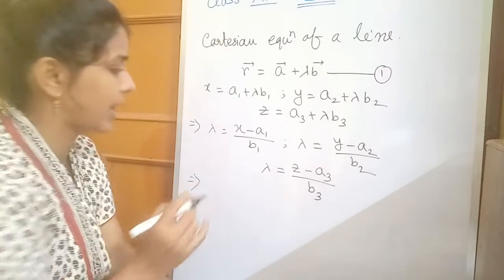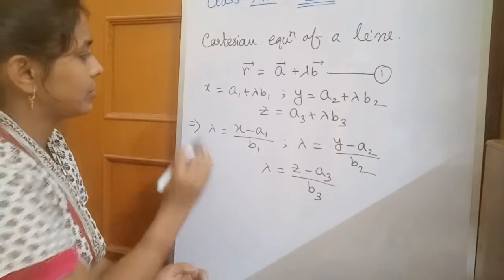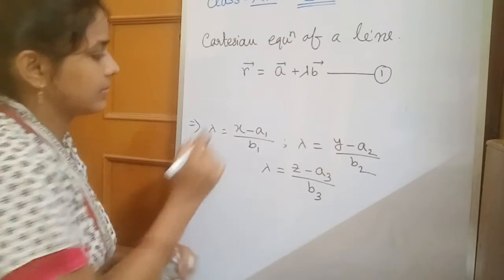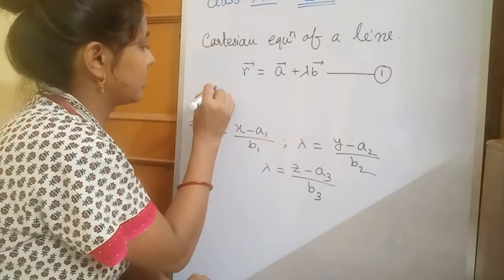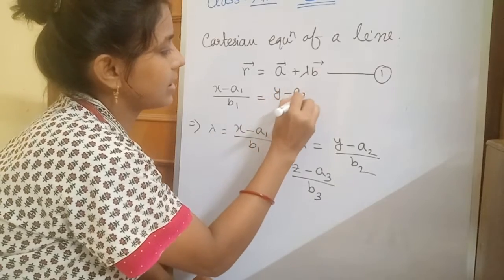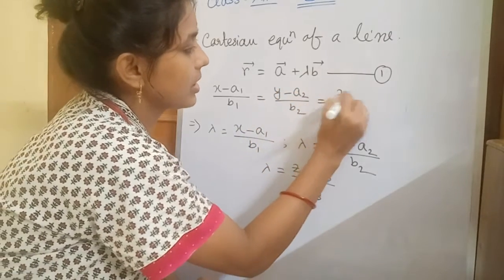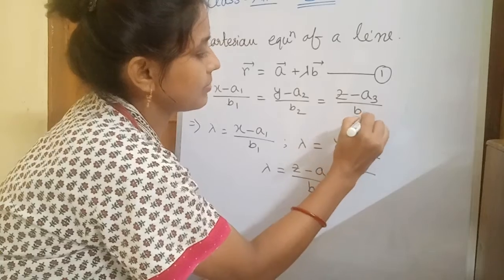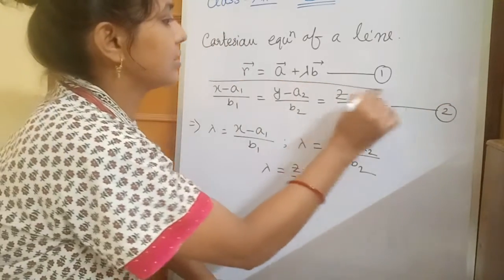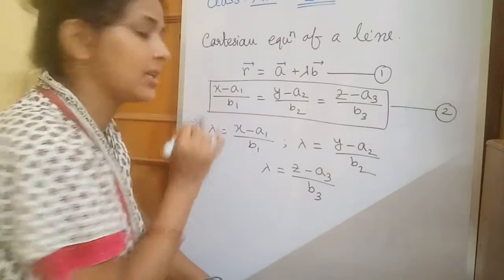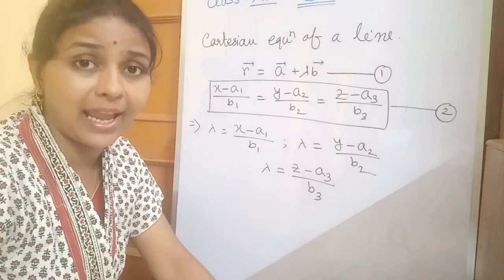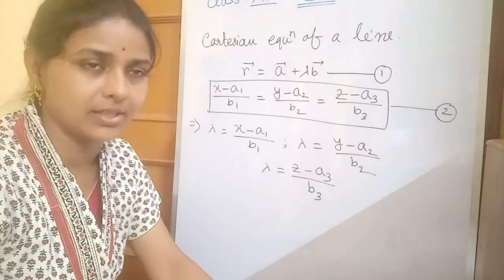Therefore x minus a1 divided by b1 equals y minus a2 divided by b2 equals z minus a3 divided by b3, which I am numbering 2, and this is the Cartesian equation of a line passing through a given point and parallel to a given vector.